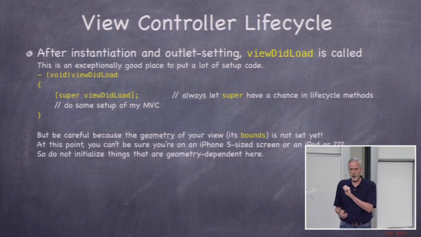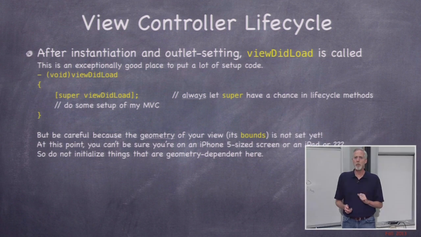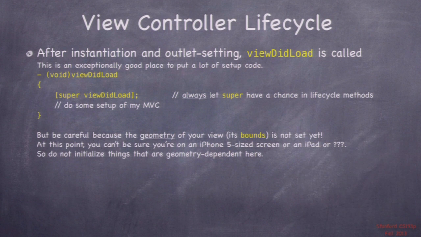However, there are limits to what can go in viewDidLoad, most especially geometry code. At the time viewDidLoad is called, the bounds of your view are not finalized. They're probably just sitting at whatever they were in the storyboard, which may or may not be what's going to happen when it's on screen, because it might be on a different device or a different place, or it might be rotated or something like that.